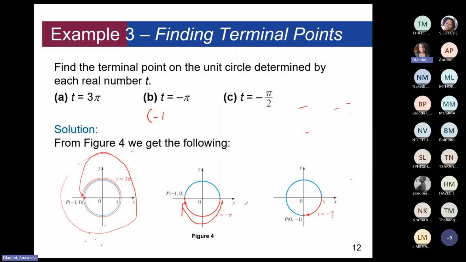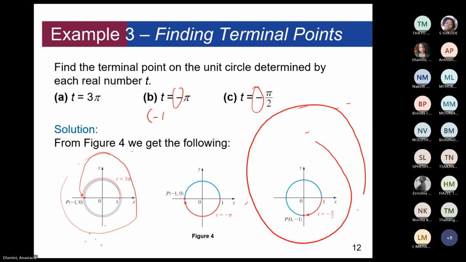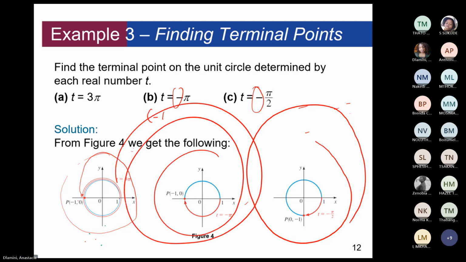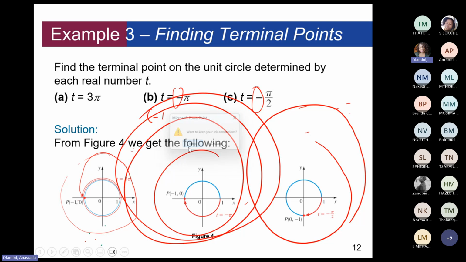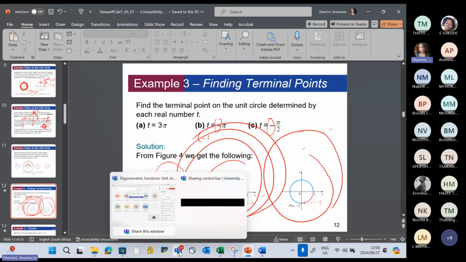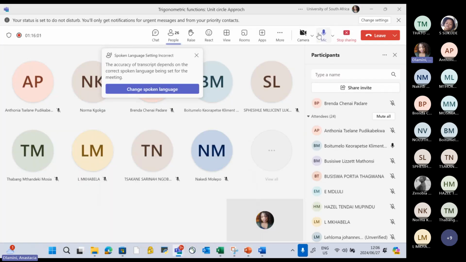And negative pi over 2, we got there because of the negative. The arrows are showing you that because of the negative, we're moving like this, but because of the positive, we'll move like this. This is the call I'm expecting. I'll answer now, and come back.